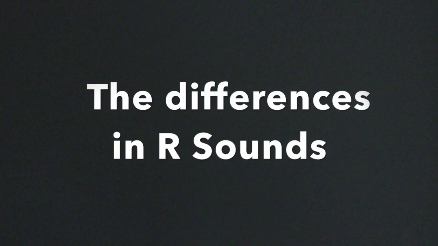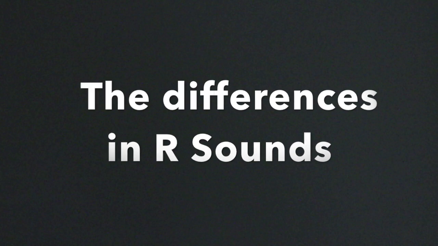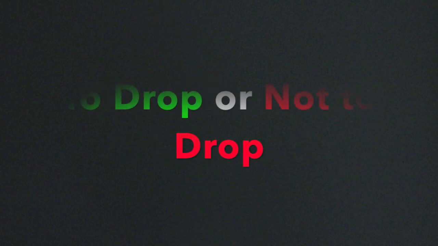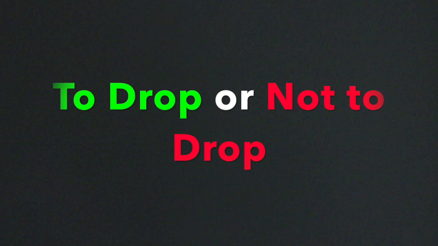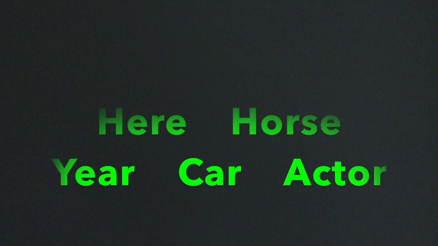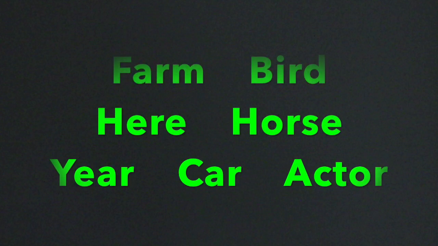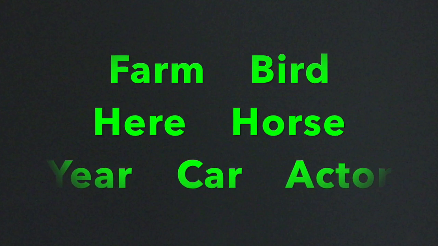Now, on to the differences in R sounds for a standard British dialect. There are some R sounds that you can drop or not pronounce in a word and still understand the word, and there are other R sounds that you could never drop from a word and still understand it. Let's take a look at these words here. All of them have an R in the spelling, and for most American accents there would be an R sound in the pronunciation.